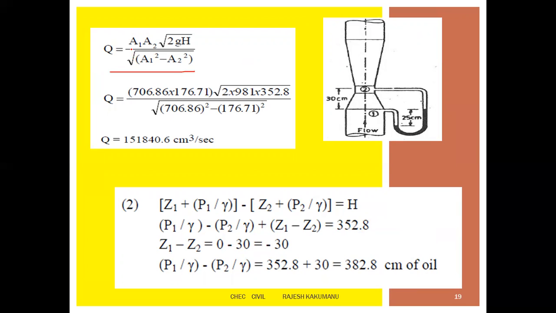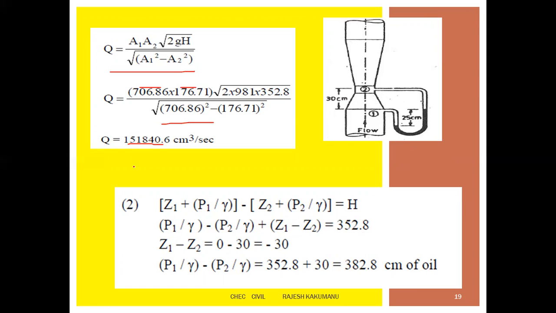Therefore, substituting the values, A1 value 706.86 into A2 value 176 into root of 2 into g into H value, under the root of A1 square minus A2 square. After simplification, finally we got the solution Q equal to so and so centimeter cube.